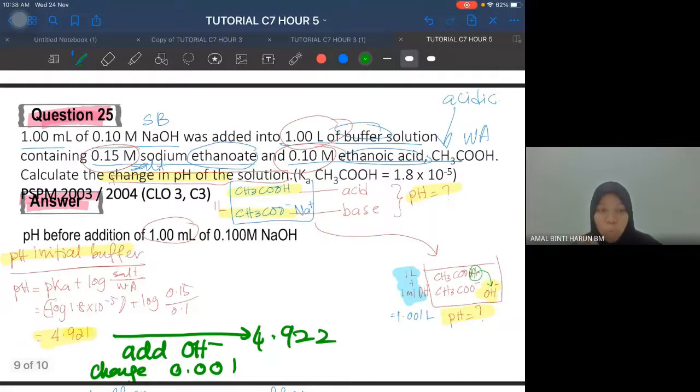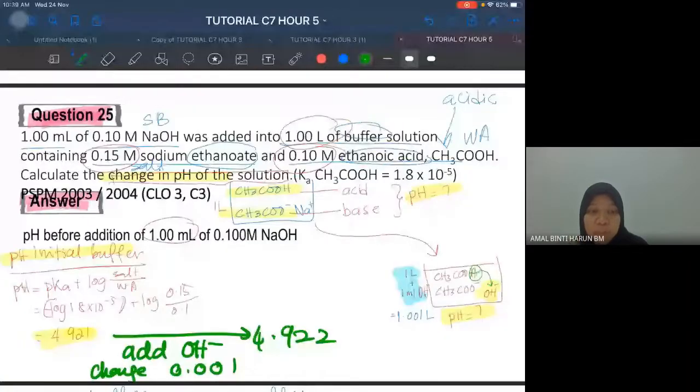Okay, so we have proved quantitatively or practically we proved that the addition of small amount of base won't change the pH of the buffer too much. Okay, or the pH should increase but not increase significantly. So naik 0.001 maksudnya pH maintain lah, tak ada masalah pun.